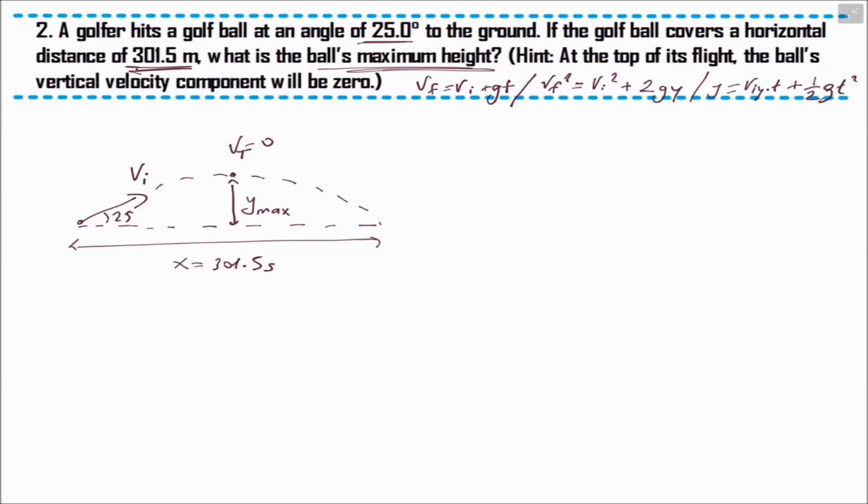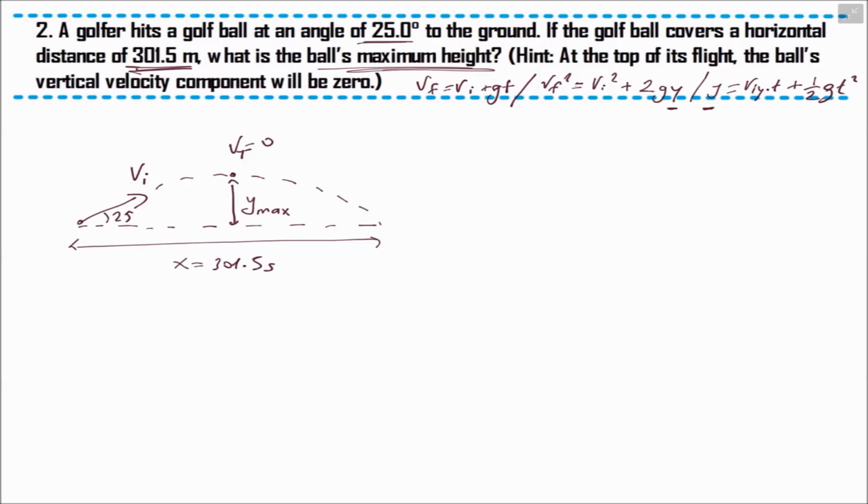We have those three formulas and we have to calculate the y max, so I can use the second or third one. Even in the first, second or third one, I need the initial velocity of the y component. So anyway, I have to calculate the initial velocity.